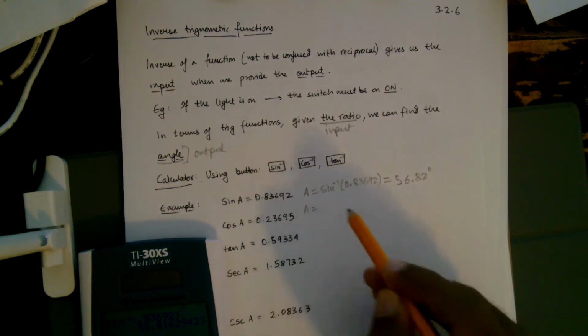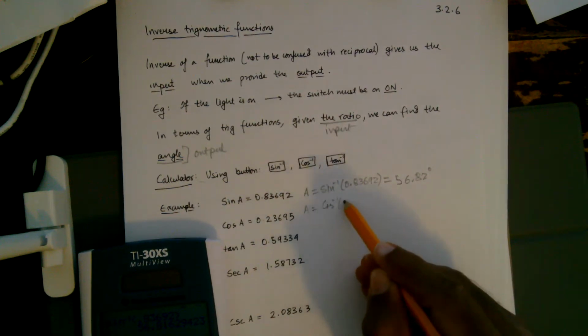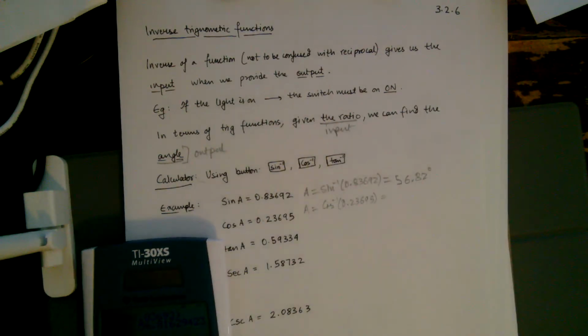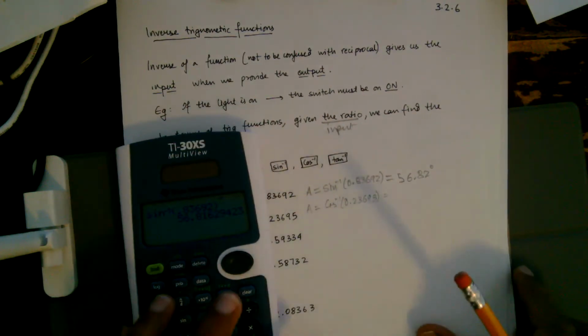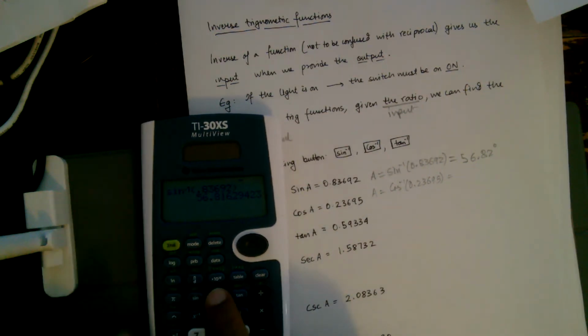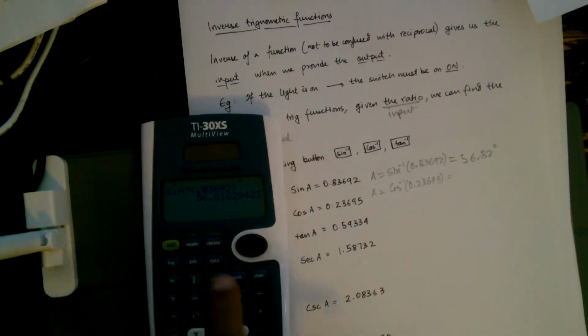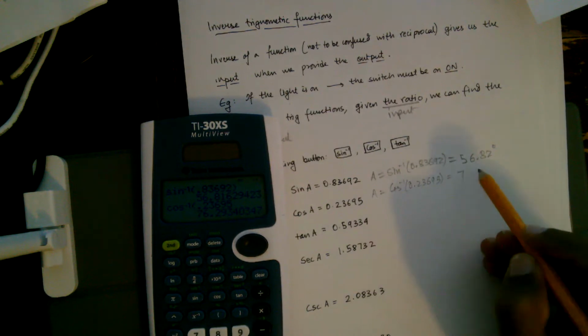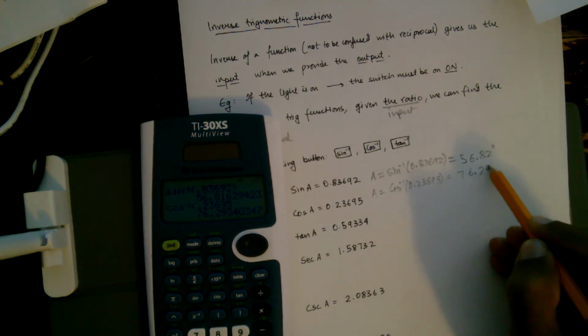So A equals cosine inverse of 0.23695. Cosine inverse of 0.23695 gives me 76.29 degrees.